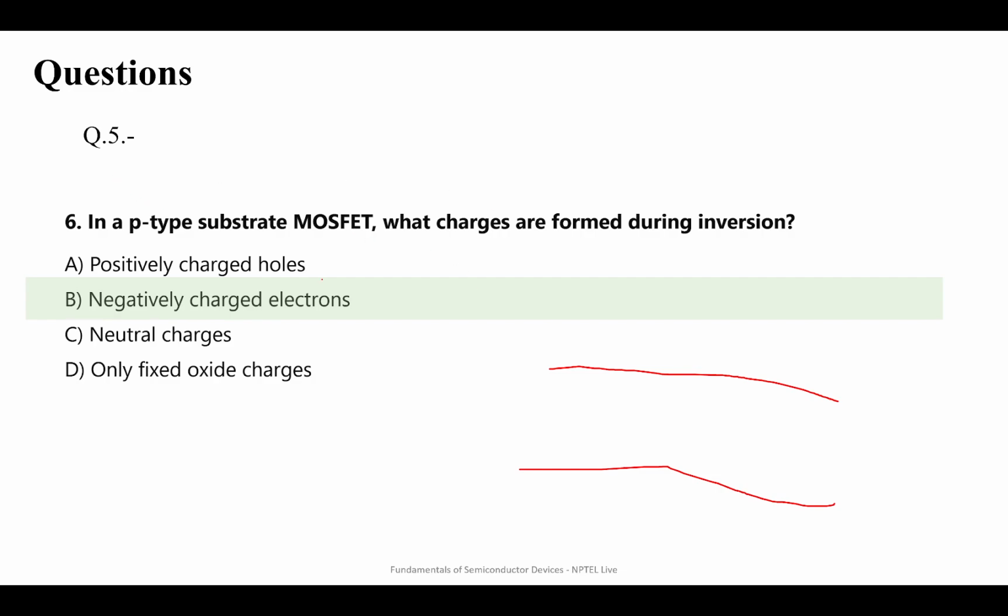Let's assume it's a p-type substrate. So this is your p-type substrate, p-type silicon. You have a gate here, oxide here, gate oxide, and then you have a gate here. This is your metal, this is your oxide. So this is your normal MOS structure: metal, oxide, and this is your p-type semiconductor.